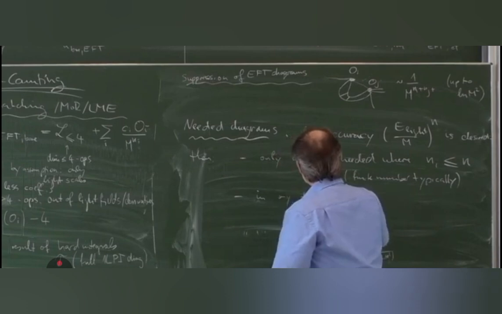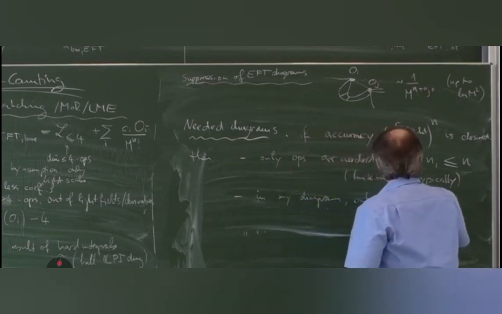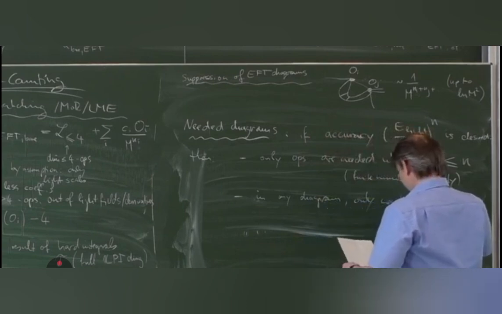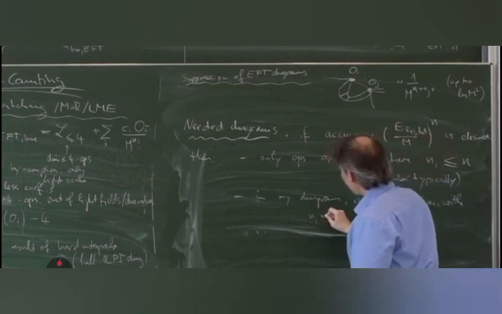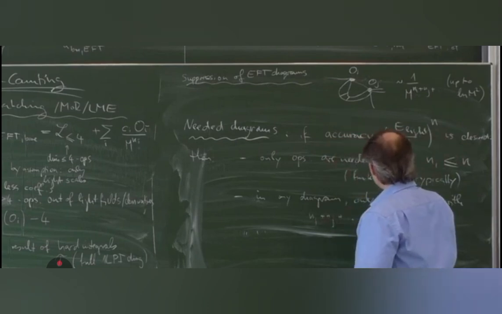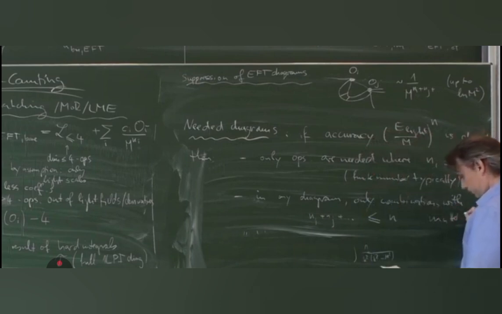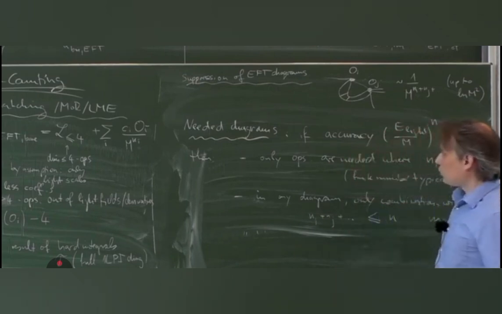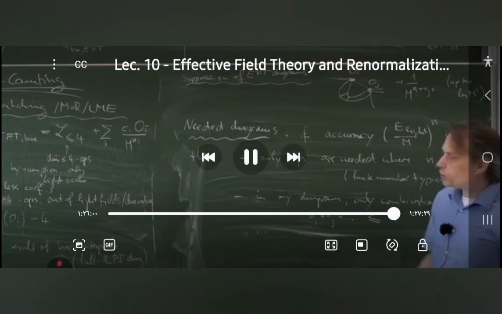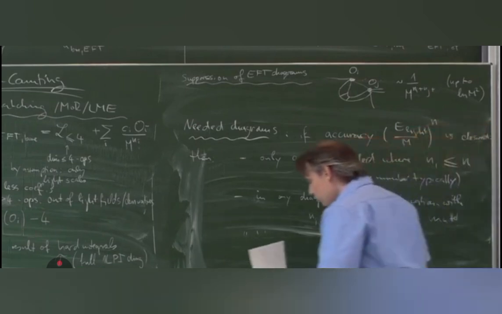So in any diagram, only combinations with ni plus nj and so on smaller or equal to n matter. And then you know that you can restrict the number of Feynman diagrams which contribute in a relevant way to your calculation.